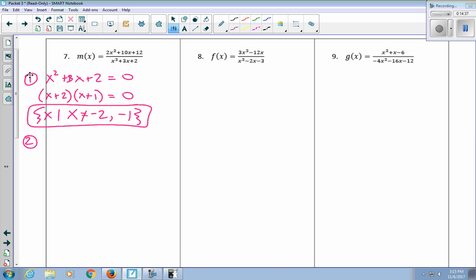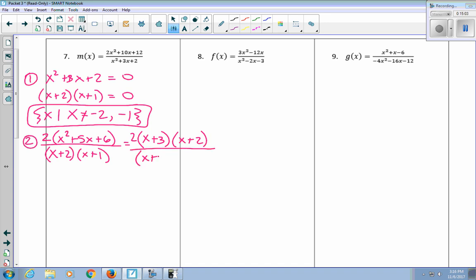Step 2, factor everything and cancel if possible. So I have 2 times x squared plus 5x plus 6 over this denominator. I know the factors are x plus 2, x plus 1, and then the numerator factors even more: 2 times x plus 3, x plus 2 over x plus 2, x plus 1.